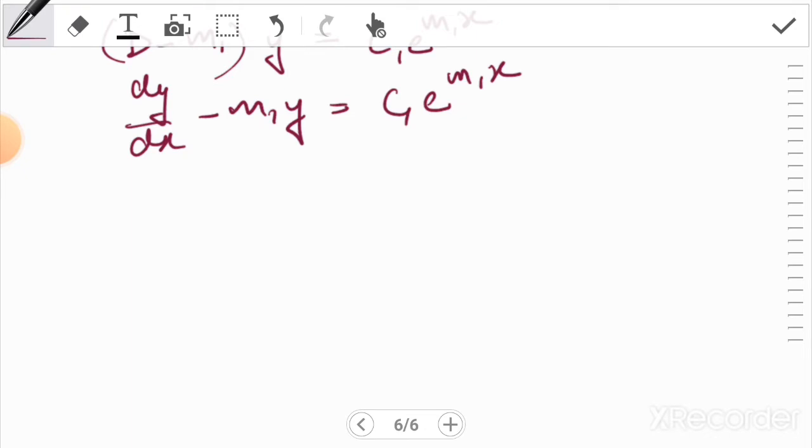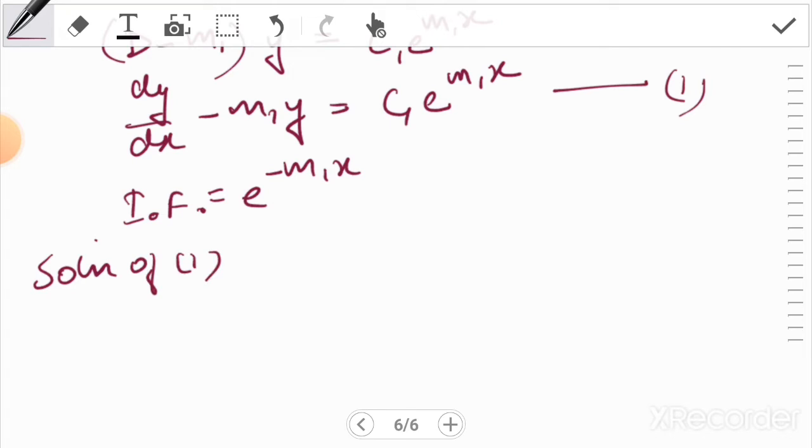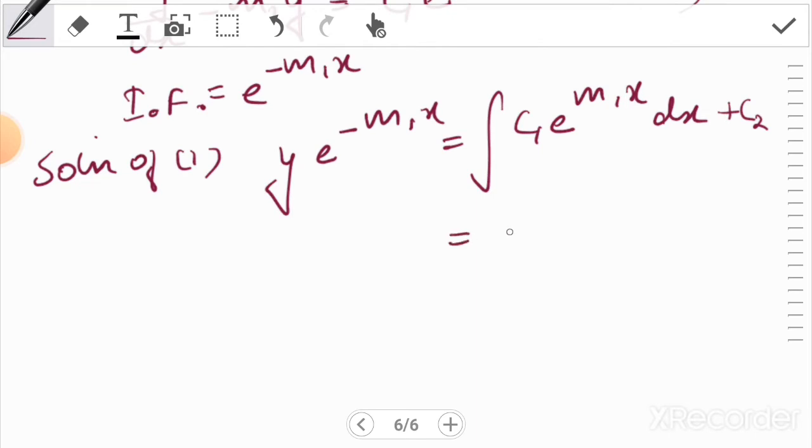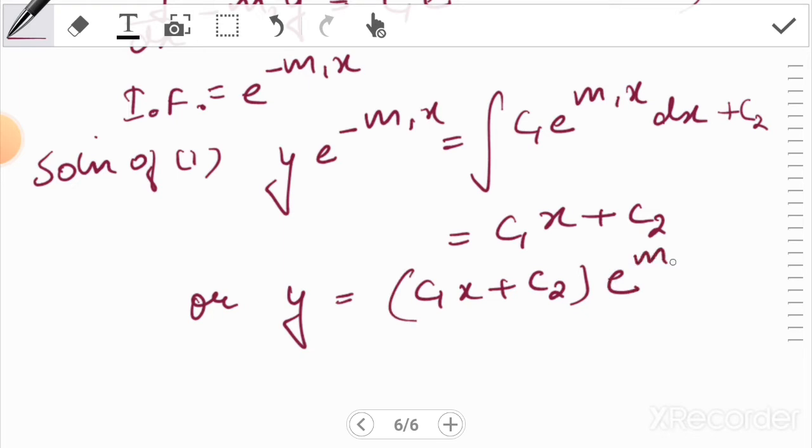Again its integrating factor being e raised to the power minus m1x, the solution becomes y e raised to the power minus m1x is equal to the integral of c1 e raised to the power m1x dx plus c2, which is equal to c1x plus c2, or y is equal to (c1x plus c2) e raised to the power m1x.